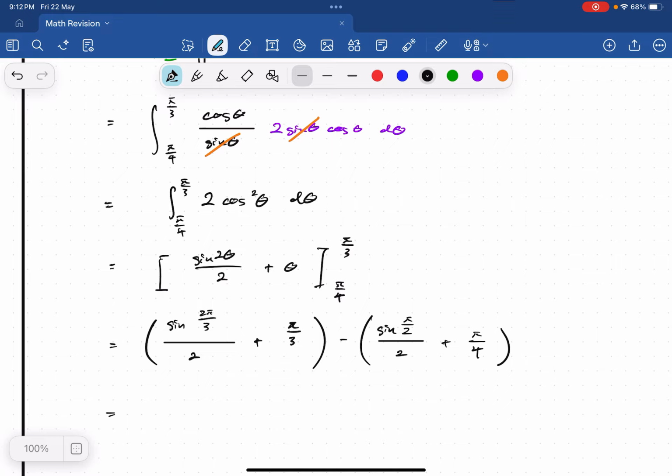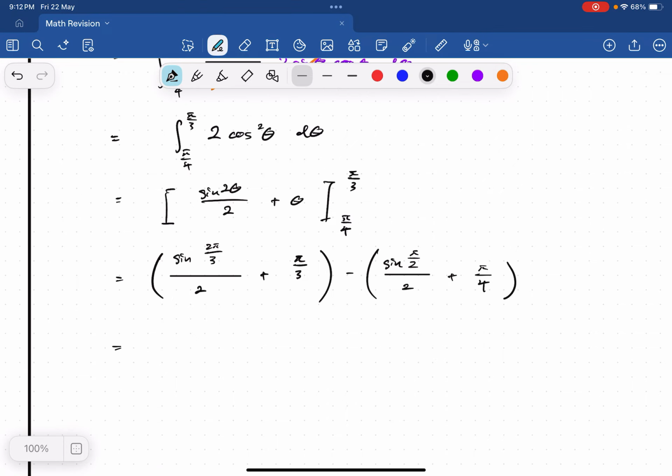So if we sub that in, this is going to be sine 2 pi over 3 divided by 2. Sorry, let me just take my SC real quick and work that out. Yeah, I'm working it along with you guys. So according to our scientific calculator, hopefully you're pressing your scientific calculator with me, I can't show you the SC press right now, of course.